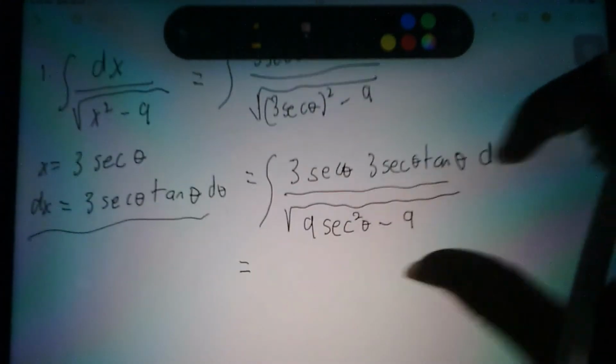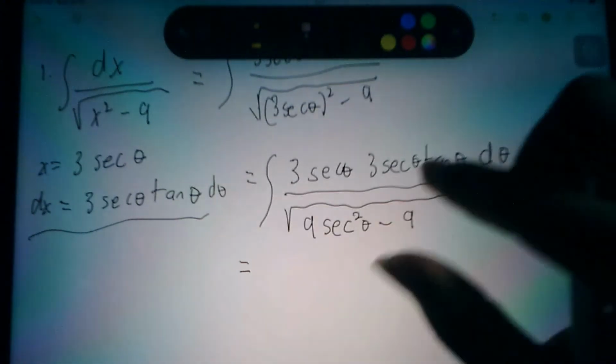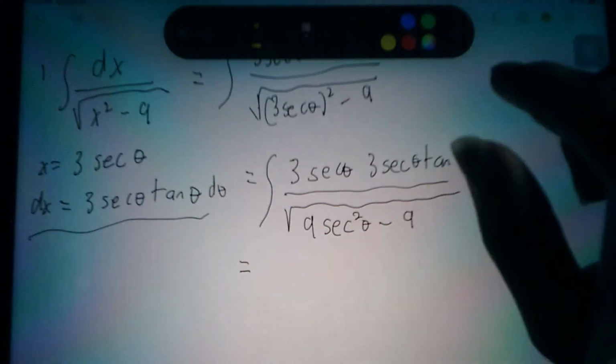Now we are ready to integrate this, but first we need to factor this out. So let's do that.